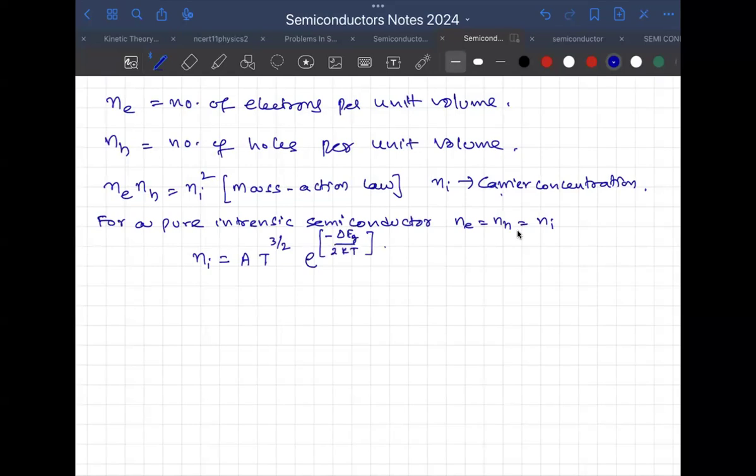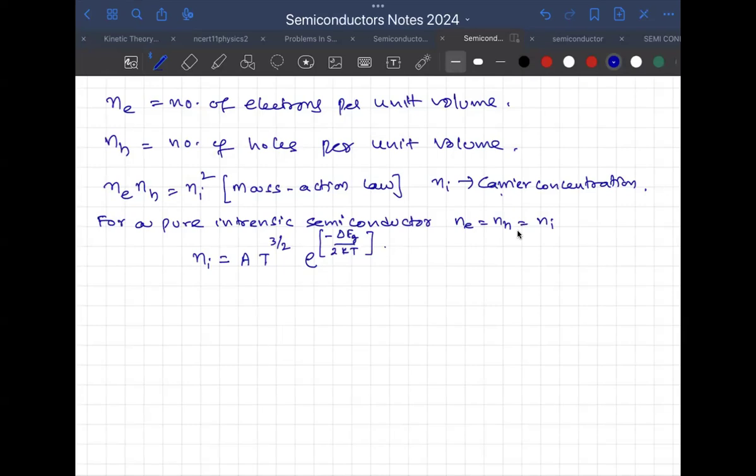At a given temperature, it depends on the energy gap. By increasing the temperature, I am increasing Ni, and that is the reason why a semiconductor will have a negative temperature coefficient of resistance. Because as temperature increases, resistance decreases, resistivity decreases.